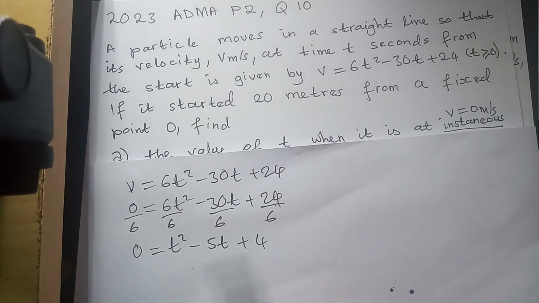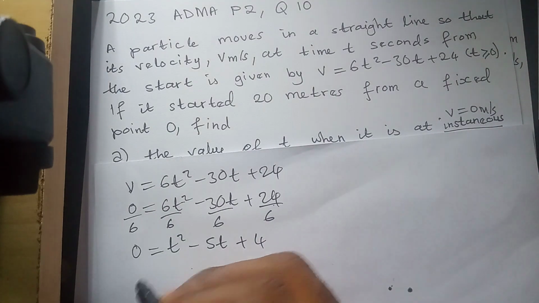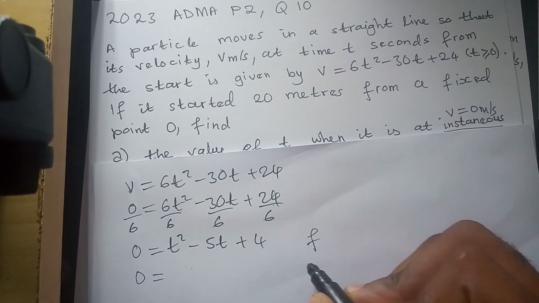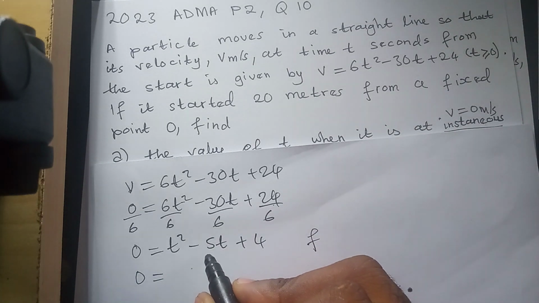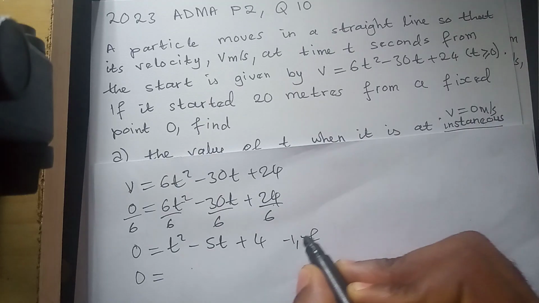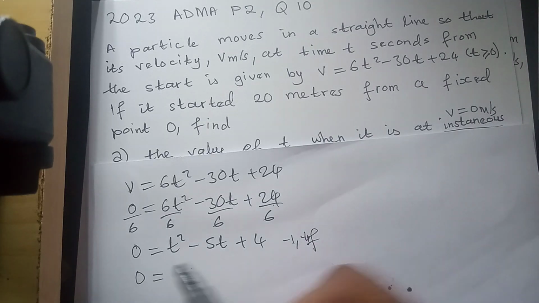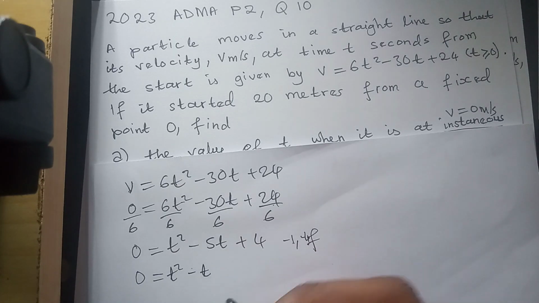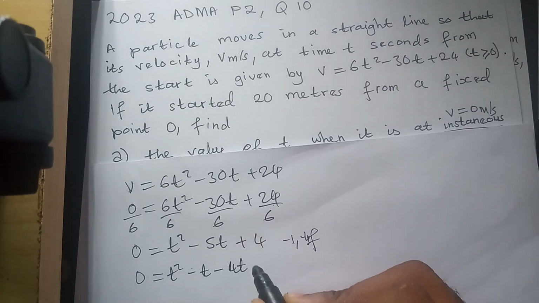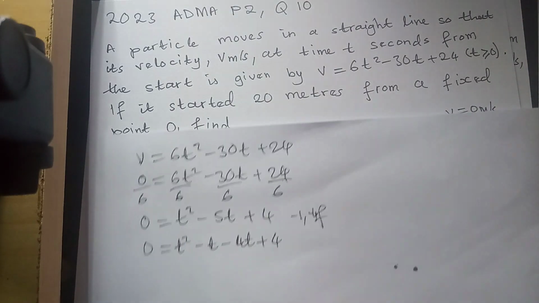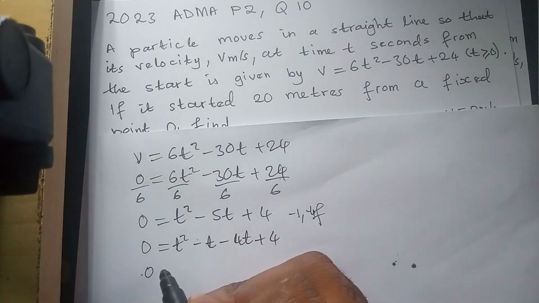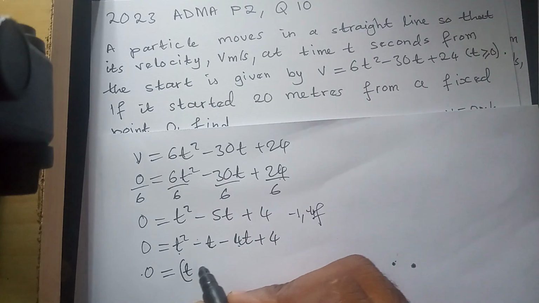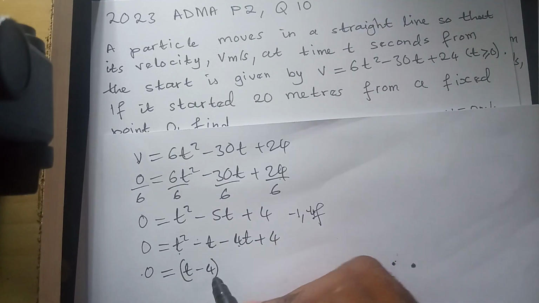So now we can use the factorization method. The factors here will be negative 1 and negative 4. This times this, yes. So we have t² − t − 4t + 4. Then we can factorize. t is common here, and negative 4 is common there.